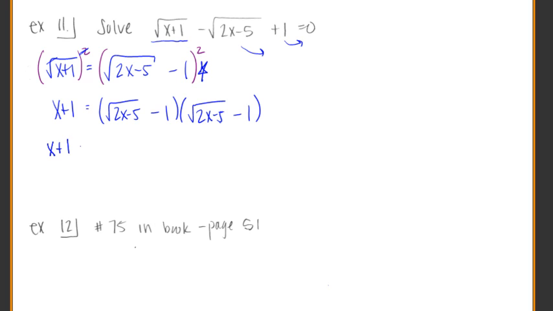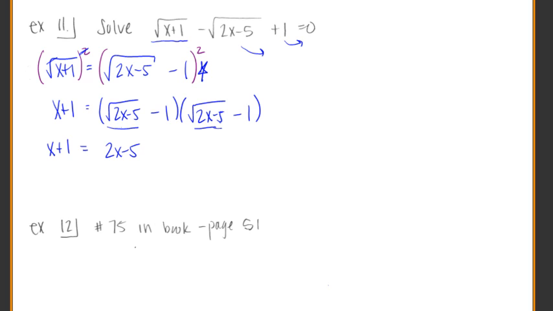Okay, so we'll leave the left the way it is. It's just x plus 1. Let's go to the right. So if I multiply first to first, and this is where we're going to get practice in, a square root times a square root when it has the exact same thing under the radicals, it's just going to be 2x minus 5. You get what's coming right back out. Okay, so now let's go the outsides.